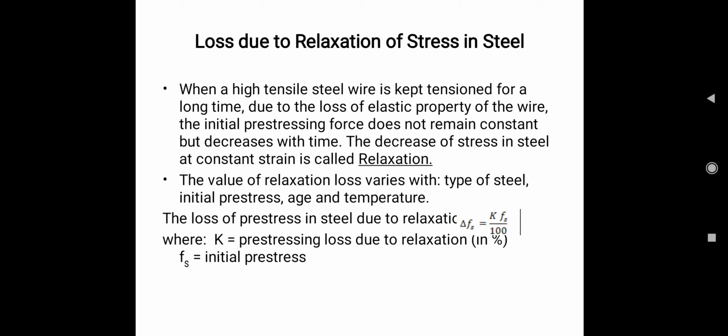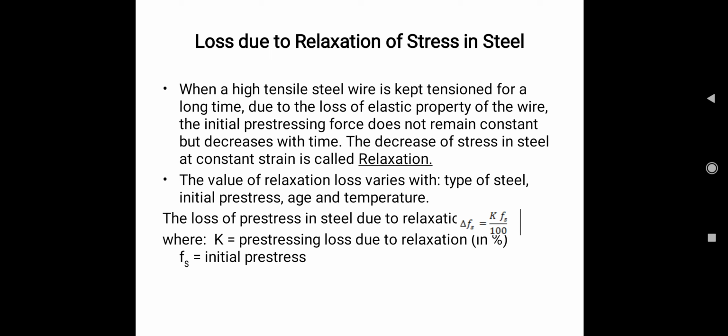As the duration of stress increases, the age of structure will increase, and loss of stress due to relaxation of steel also increases. Relaxation loss will be more for ordinary steel compared to high strength steel. So the value of relaxation of steel varies with type of steel, initial prestress, age and temperature.